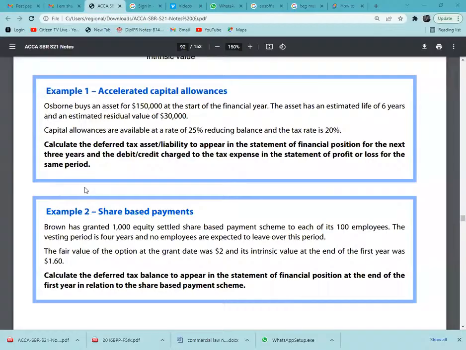So we have 1,000 times 100 employees. So Brown has granted 1,000 equity share-based payment to each of its 100 employees, right? And in this case here, we can see the value is supposed to be 1.6.